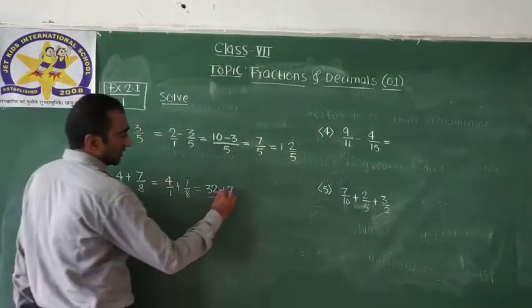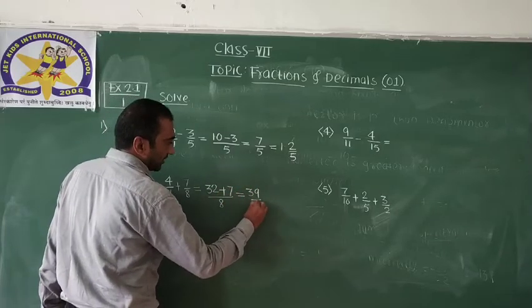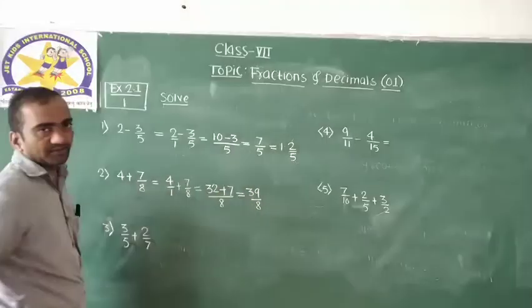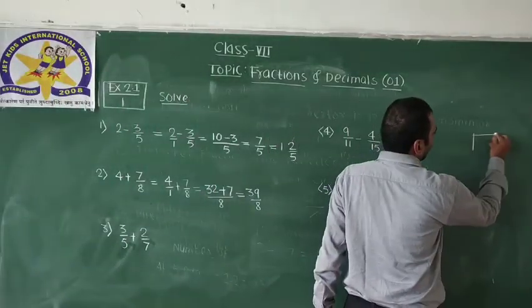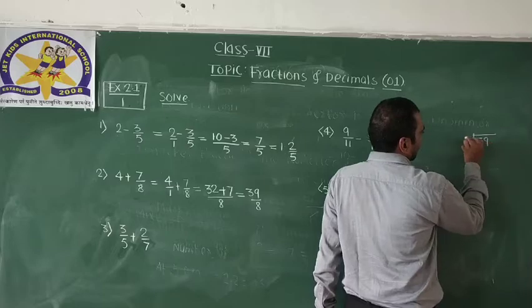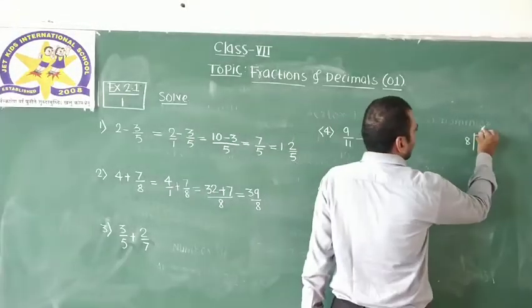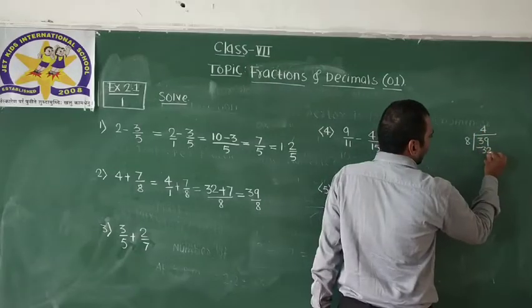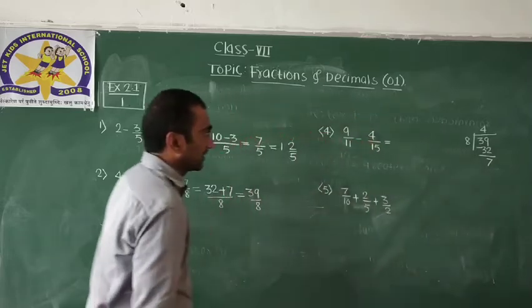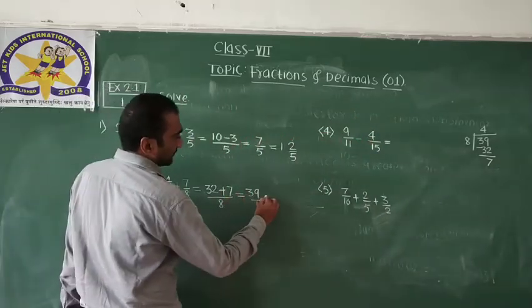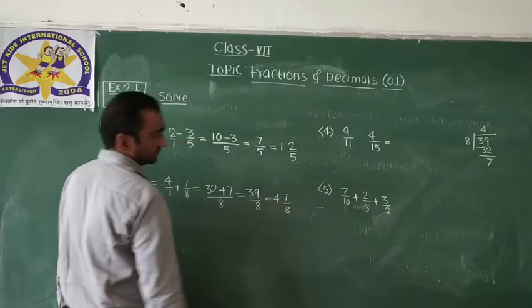Make addition in numerator. 32 plus 7, 39 divided by 8. Now we can represent 39 by 8 in mixed fraction form. Divide 39 by 8. 8 4s are 32. 39 minus 32, 7. So it can be written in mixed fraction form as 4 integer 7 by 8.